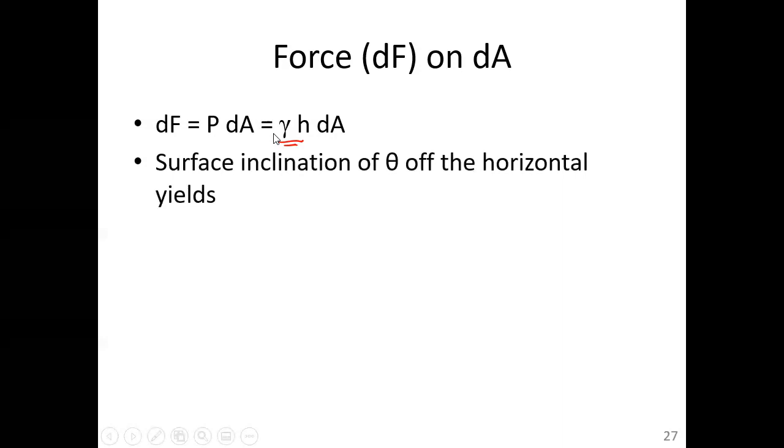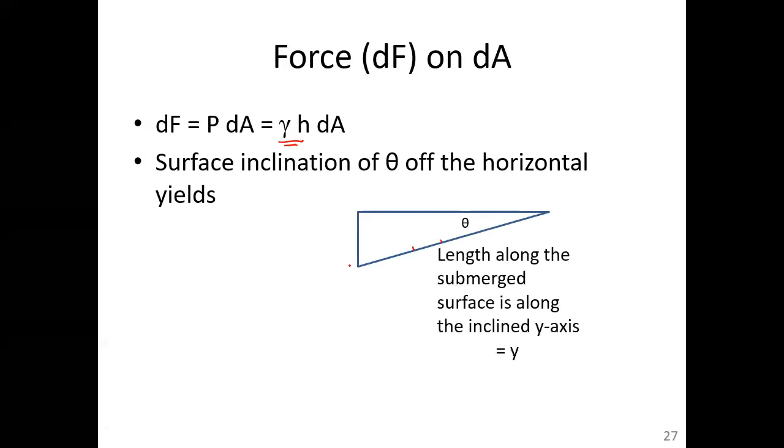This plane surface is inclined theta off of the horizontal. So the surface is somewhere along here, or it could be that whole bottom piece. If this is the y-axis, then we're taking some measure, for example y, and the origin is at the free surface. So y is measured from the free surface along the inclined y-axis to a point of interest.